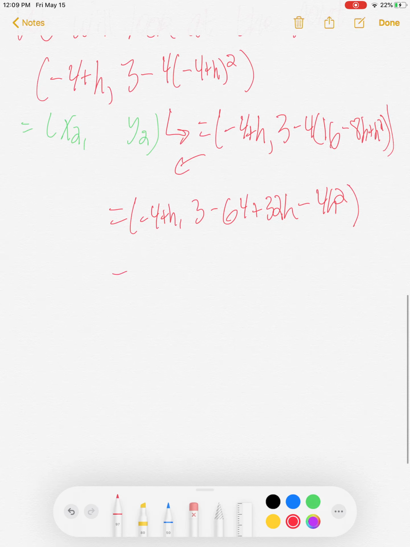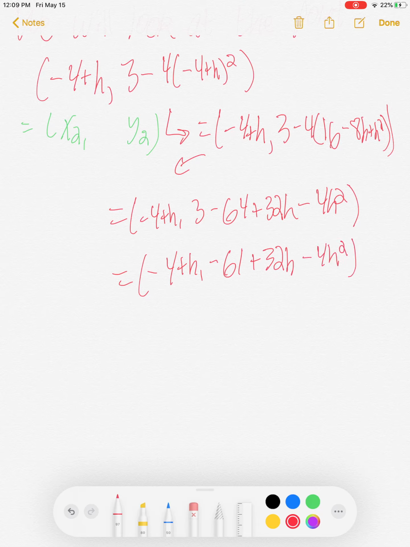Okay, and this, let's rewrite one more time as the point -4 plus h, and then 3 minus 64, that's negative 61, plus 32h minus 4h squared. Okay, again, this is just x2, y2.